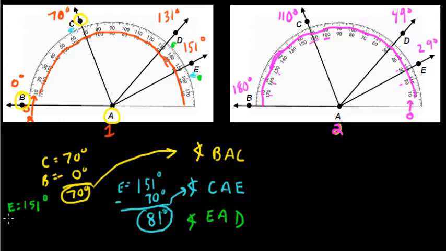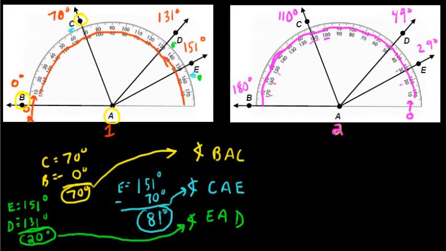And D equals 131. And I subtract those two, and I get, see, 1 take away 1, that's 2. I get 20 degrees. Alright, so my angle is 20 degrees for EAD.